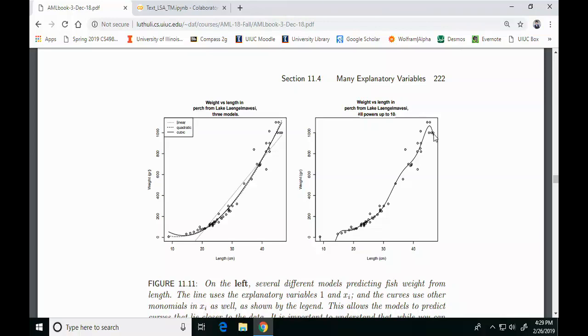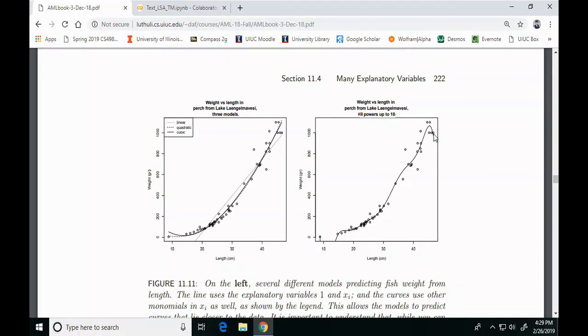If we kept increasing the power higher and higher, we'd get it so that it can go through every single data point. If you have 100 data points, I believe a power to the 100th will be able to fit every single one. It can ace everything, but it does it by doing these huge undulations. So things that aren't a data point actually end up completely wrong. So you've got to be careful when you use this technique.